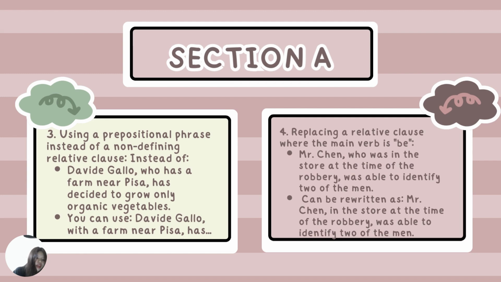Number 3, replacing relative clauses with prepositional phrases instead of using a full relative clause. We often prefer a prepositional phrase when the main verb is be or have.